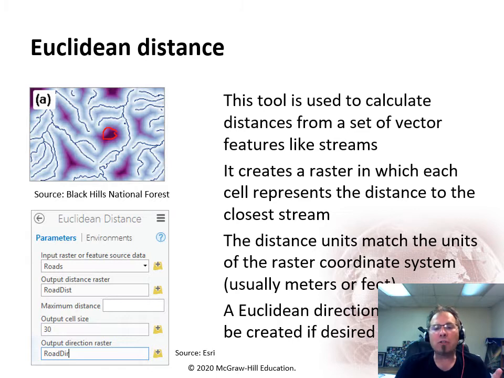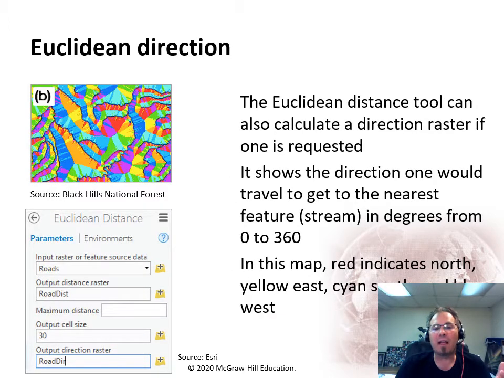And then you can also run what's called Euclidean direction, which is not something I've ever really used, but it'll tell you the direction that you're going in if need be. So this is something I don't use a ton, but it creates a direction raster if you need it, and gives you the direction where you would be, nearest the stream, from 0 to 360.